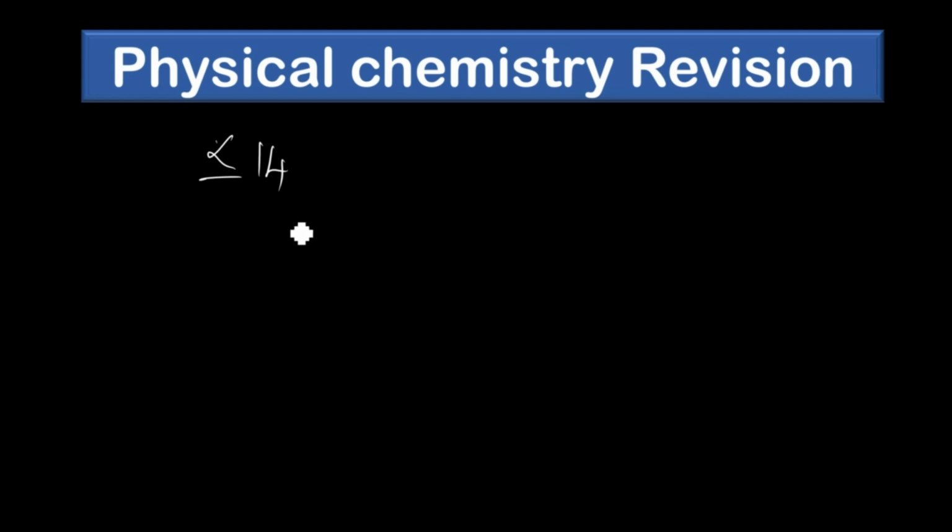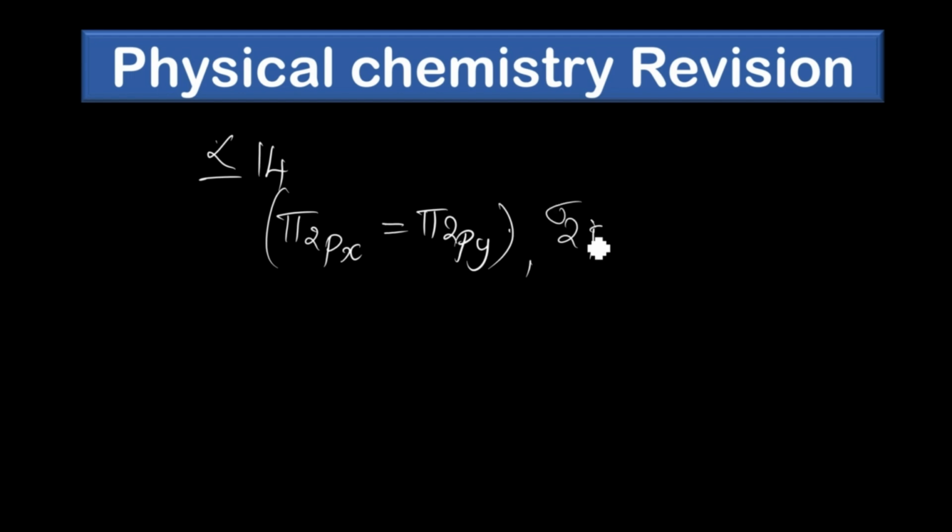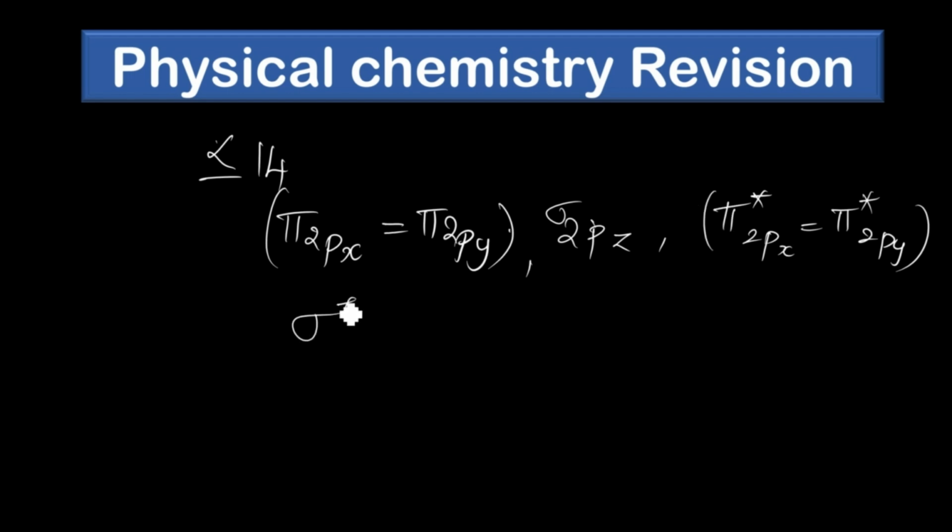Then in case of 2p, the order goes like this: pi 2px, pi 2py, sigma 2pz, then comes pi star 2px, pi star 2py, and sigma star 2pz. So this is how the electrons must be filled.